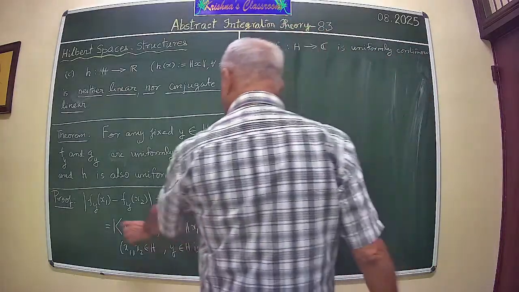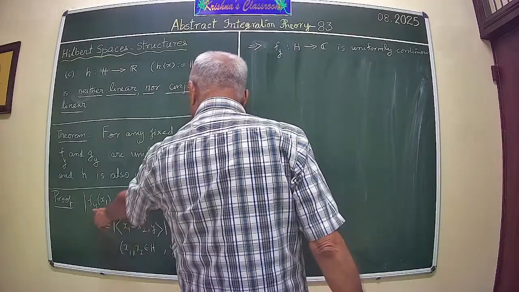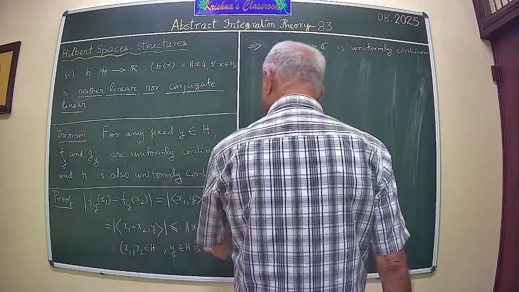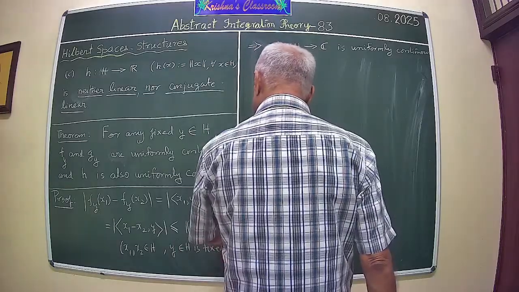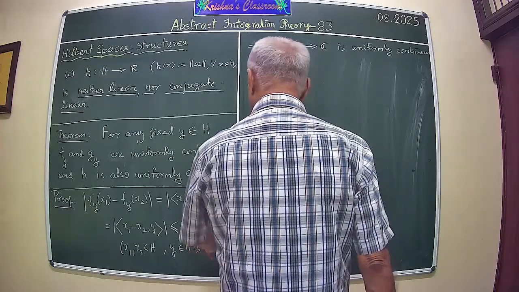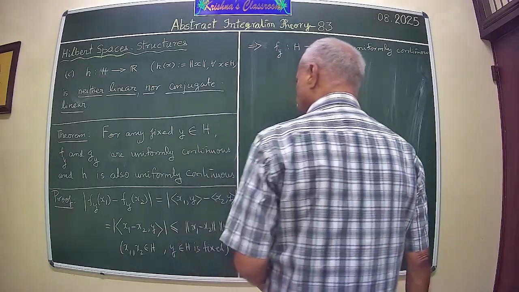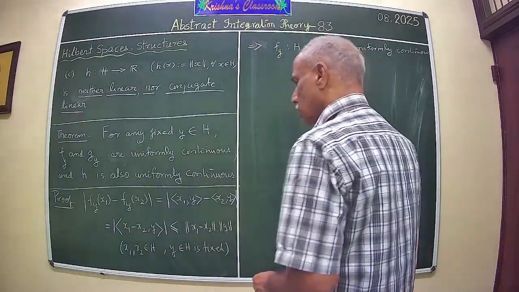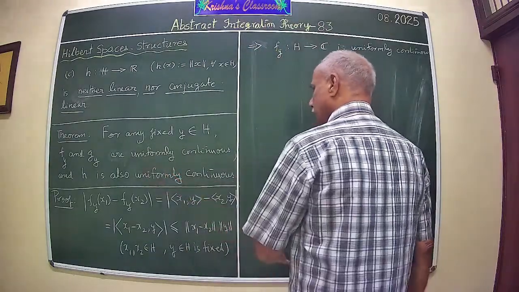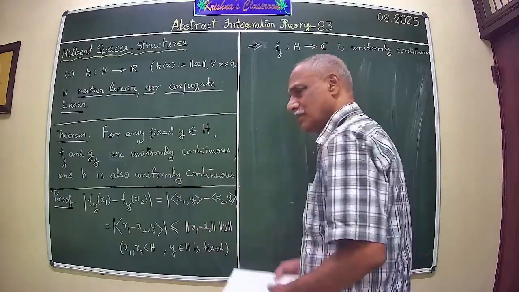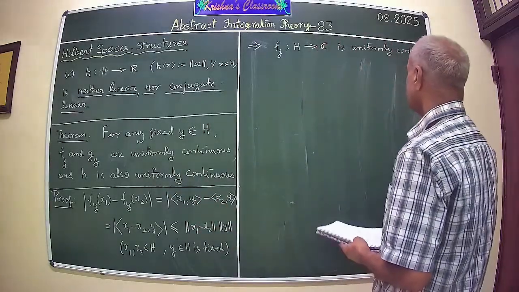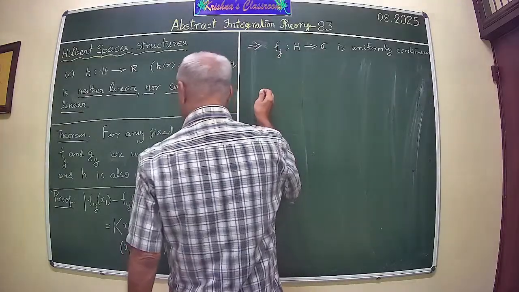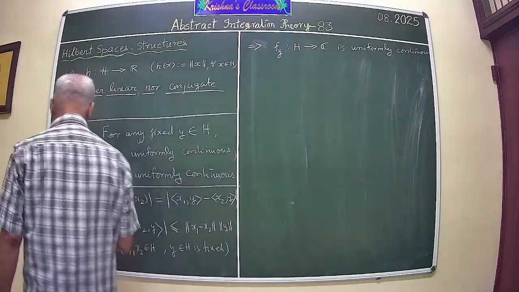So this is less than or equal to some constant, which is the norm of y, times norm of x1 minus x2. From this inequality, it is immediately clear that Fy is uniformly continuous. This is the first one.